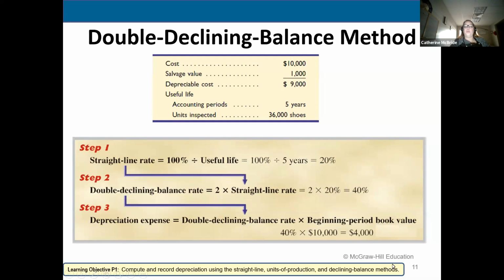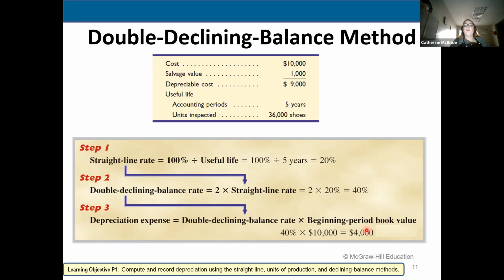All right, now for depreciation expense, here's the weird thing. The first thing is we do not subtract out the salvage value. We do not subtract the salvage value. Depreciation expense is going to be the rate times the book value at the beginning of that year.